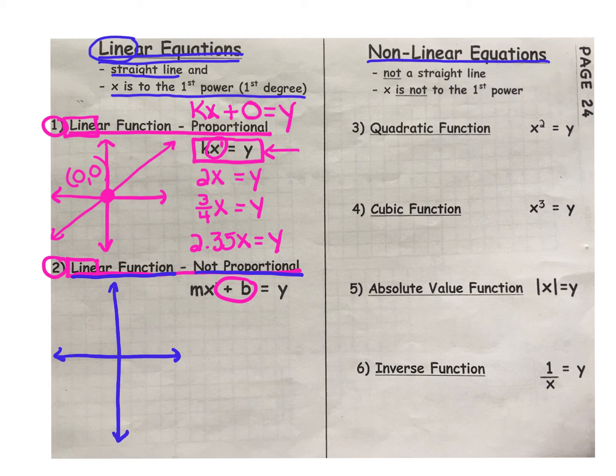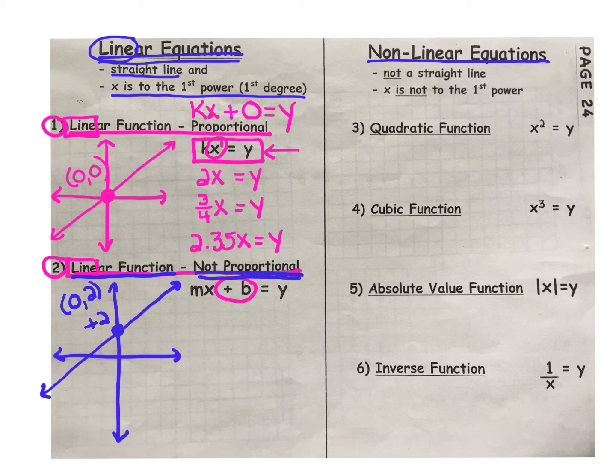And when it comes to a non-proportional linear equation, it's going to cross that y-axis at some other point than 0, 0. For example, this intercept is positive 2. The actual location is 0, 2 on the coordinate plane.